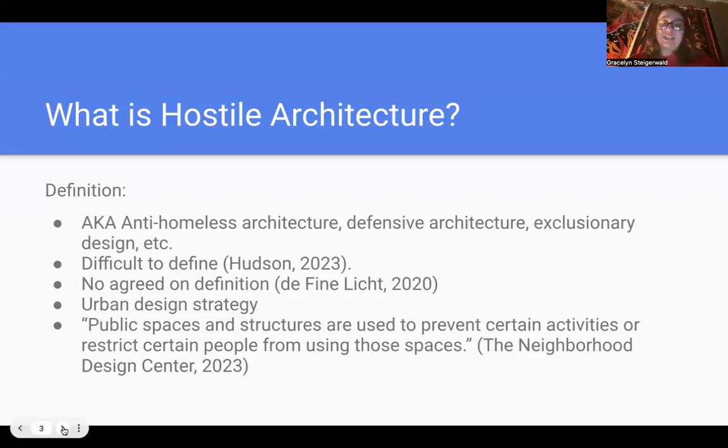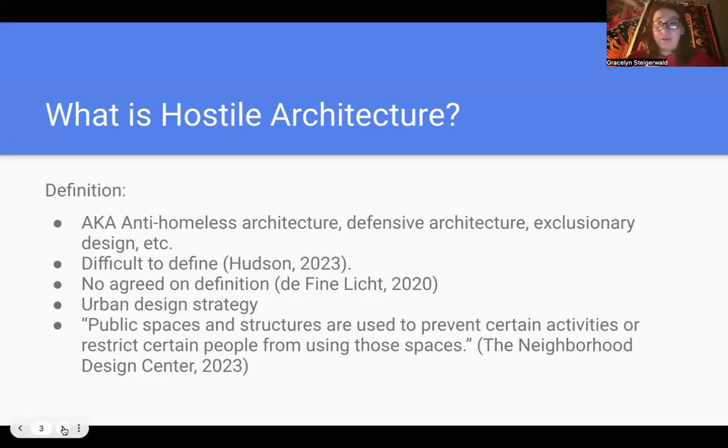The definition and design strategy doesn't specifically target the homeless population by definition, but it is the population that is the most affected. So in this definition, you can see that they don't specifically state homeless people being affected by this.